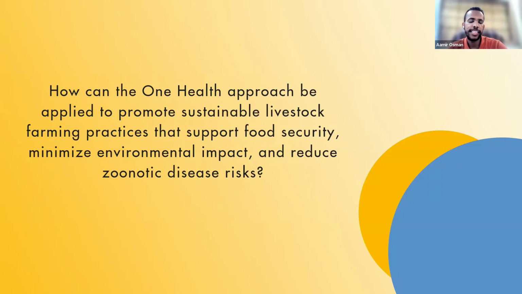This has been successfully implemented in some countries. I can mention New Zealand, where rotational grazing has led to healthier pasture, reduced methane emissions, and fewer cases of gastrointestinal diseases in different animals. So I can mention that as an example.